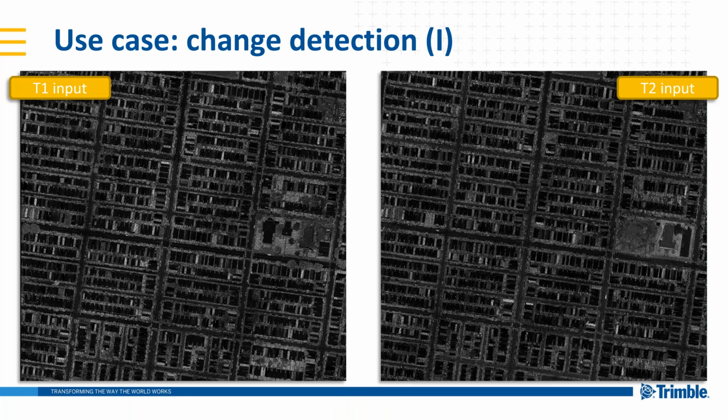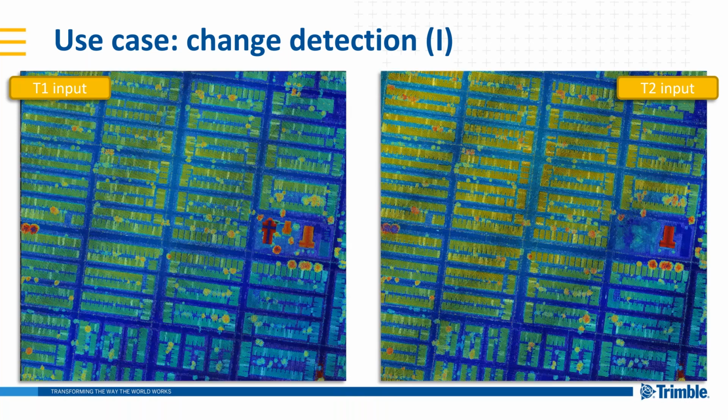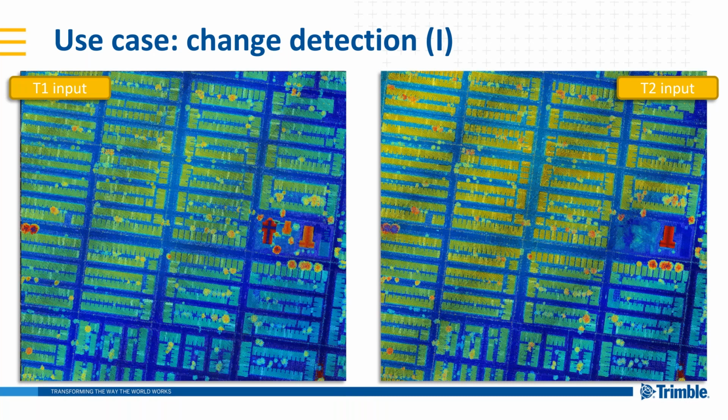This will really allow us to see the differences within the point cloud, and we see that some buildings and trees have been removed from this construction site in T2.